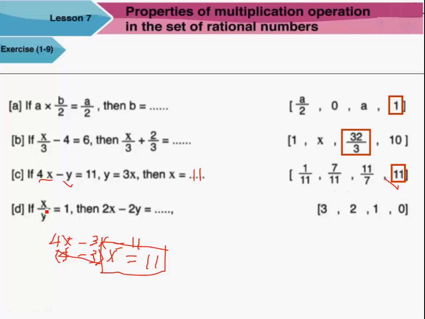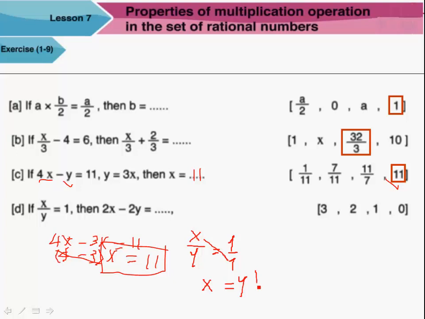Here we have x over y is equal to 1. So 2x minus 2y equals, very easy. We have here x over y equal to 1. 1 can be written as 1 over 1. So multiply this. x times 1 is x, equal to y times 1 is y.